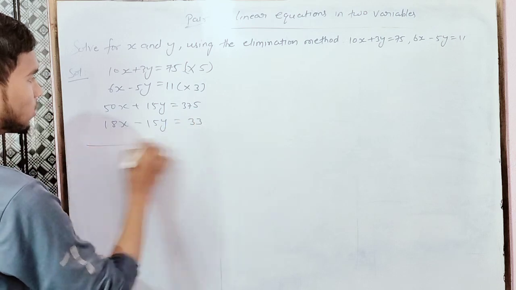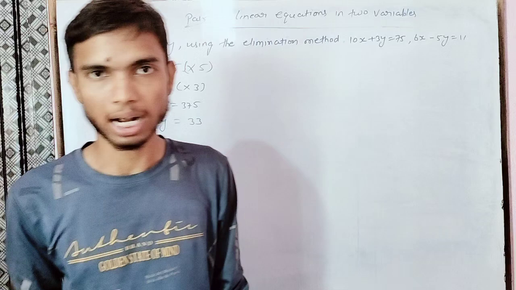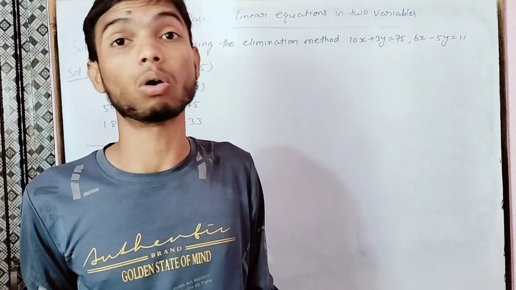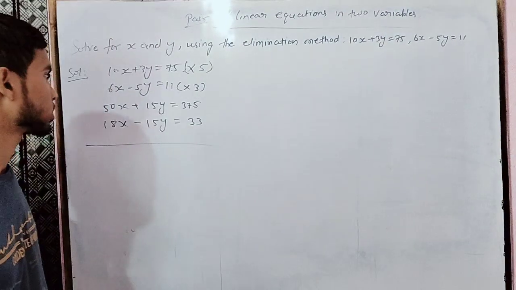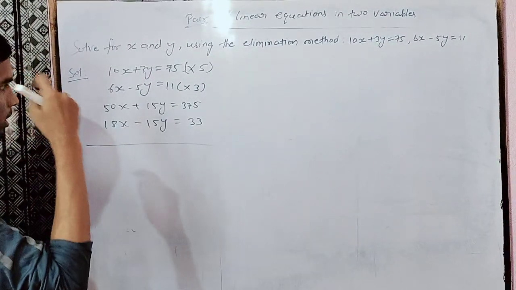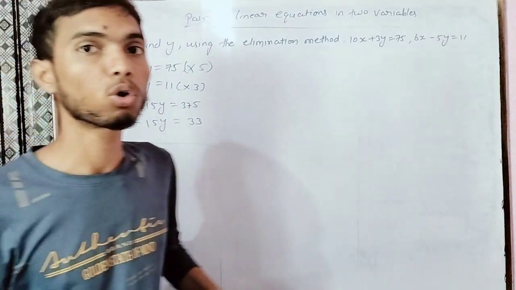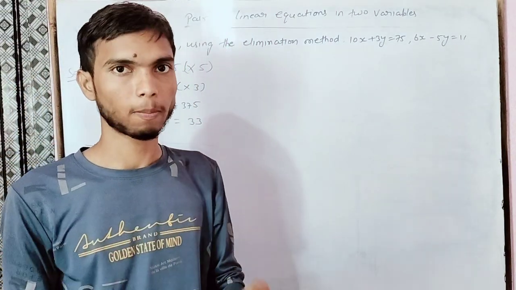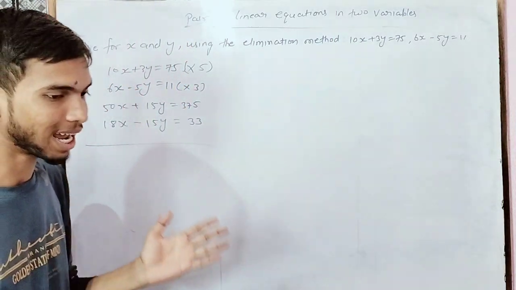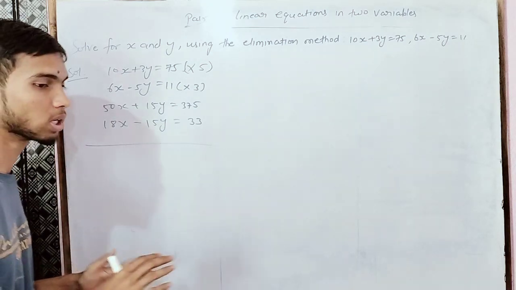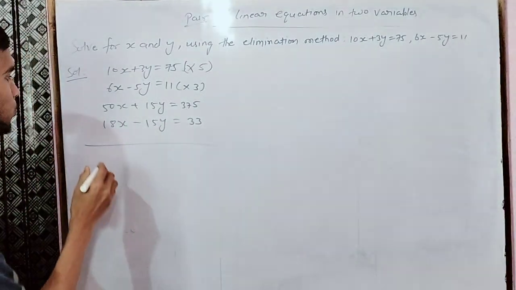Okay, now from here you will either subtract or add. If you are adding, then here you can see we got this y with the coefficient equally. That's what we wanted and we got.